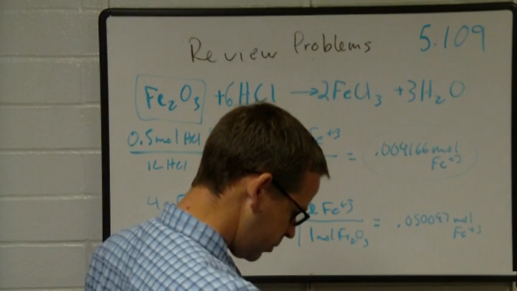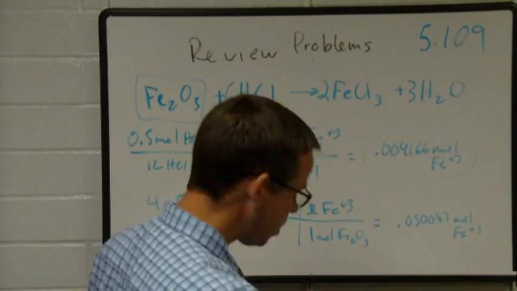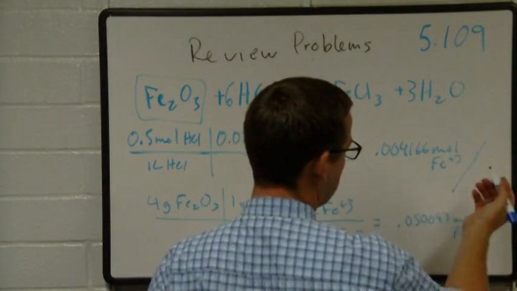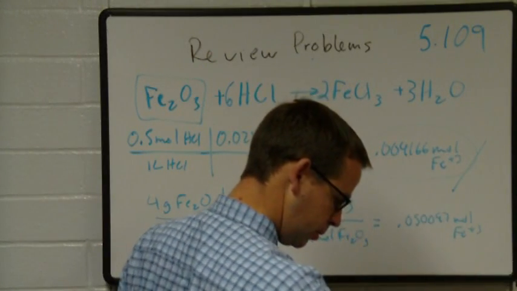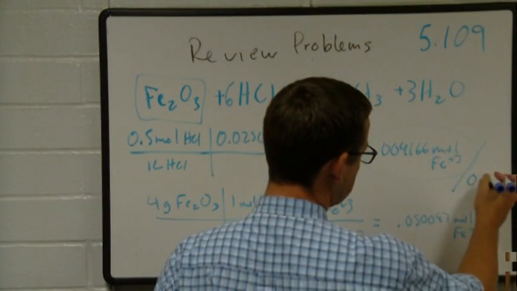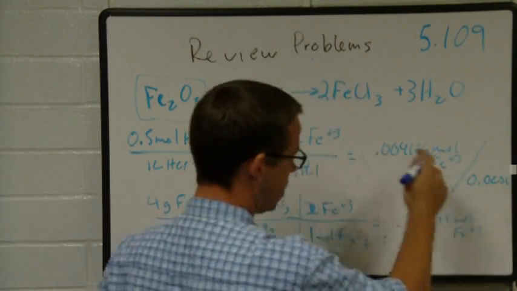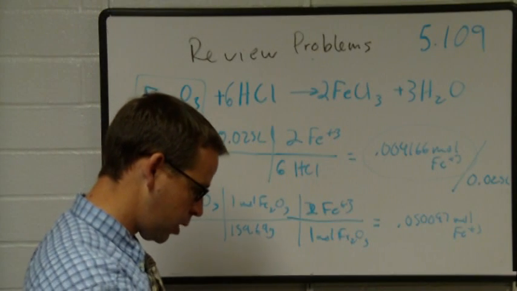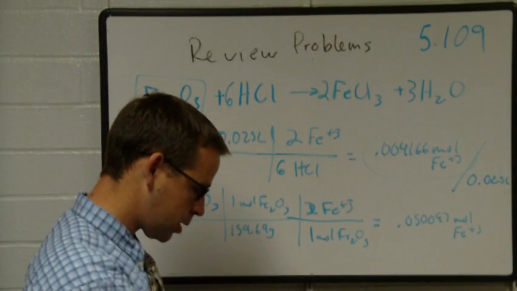So suppose that 4 grams of solid was added to 25 milliliters. If this is the moles, for concentration we have to get moles per liter, right? So we have to assume 0.025 liters. They didn't say anything about the volume change due to adding 4 grams of iron oxide.